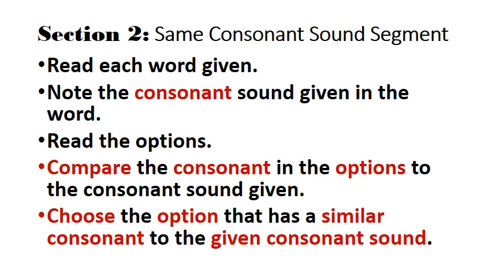Candidates are expected to pick options that contain the consonant sounds as represented by the letters underlined in the given words. If this is the case, it means that we would not pay attention to spellings in many instances, because the emphasis is on the consonant sound. This time, let's look at an illustration.